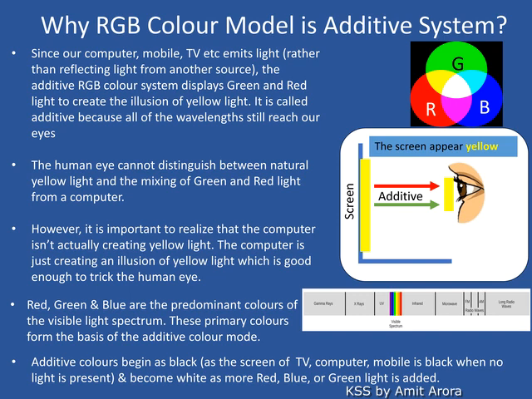In this example, it is important to realize that the computer isn't creating a yellow light. The computer is just creating an illusion of yellow light by mixing red and green, which is good enough to trick the human eye, as the human eye cannot distinguish between natural yellow light and the mixing of green and red light from the computer.